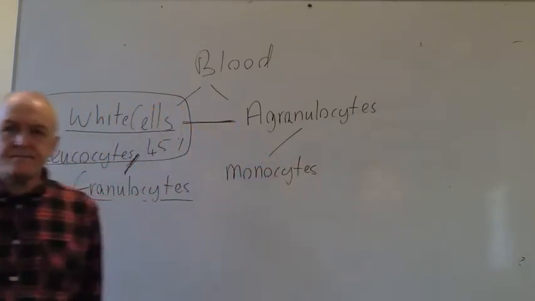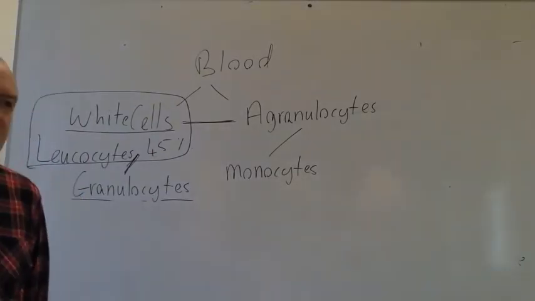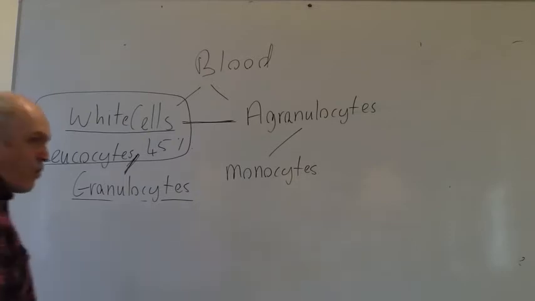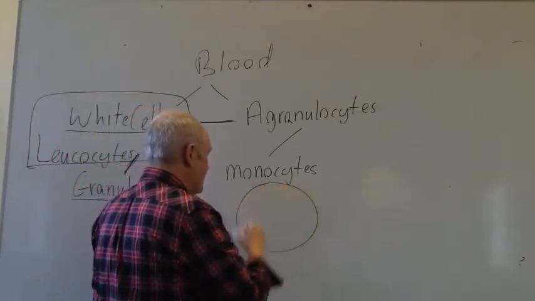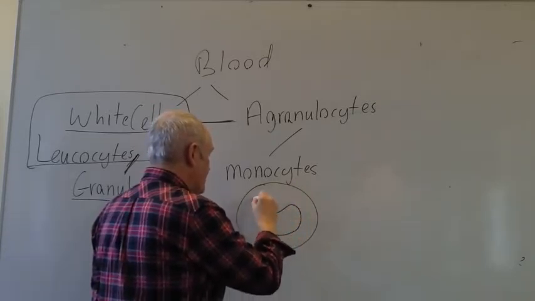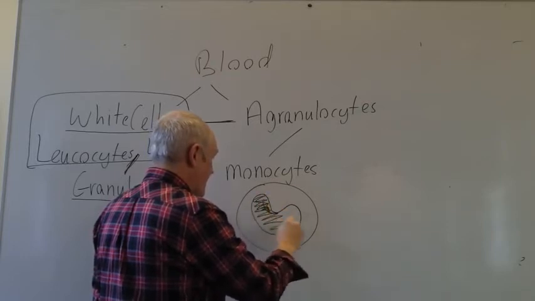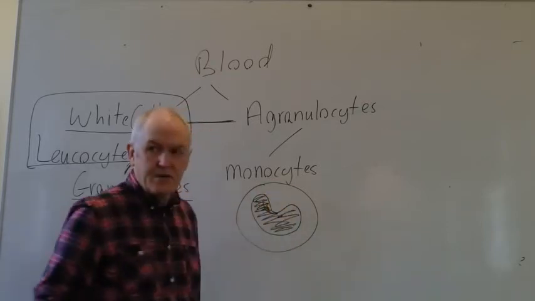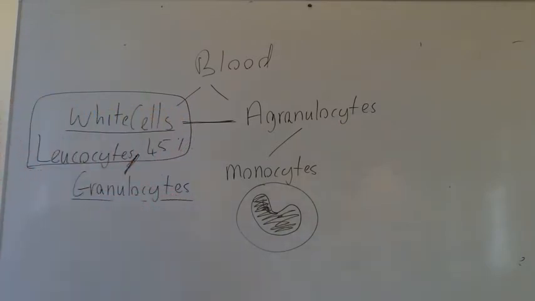So you might have heard of monocytes. These have one largish nucleus. So there's the cell, and the nucleus is normally large and horseshoe shaped like this. With a light microscope, you don't really discern granules in a monocyte.